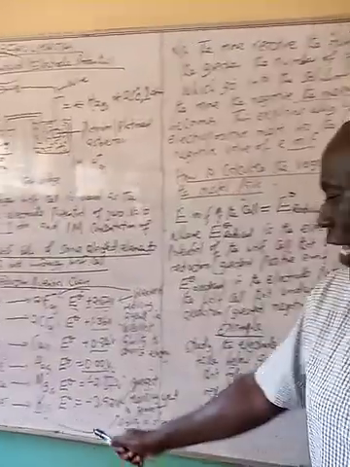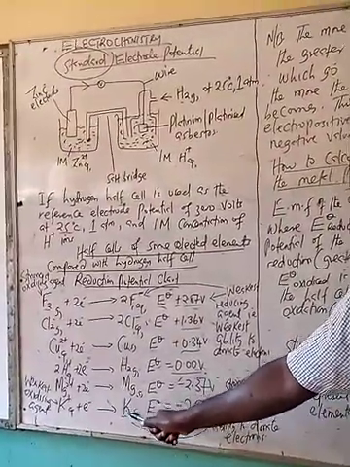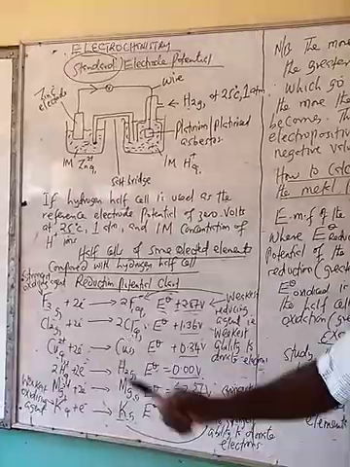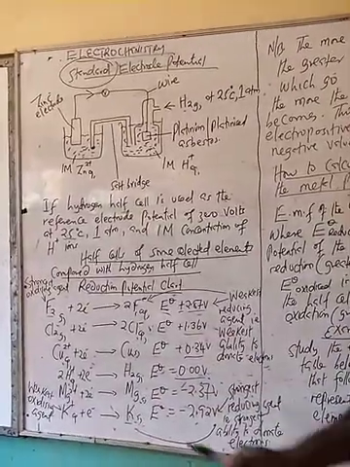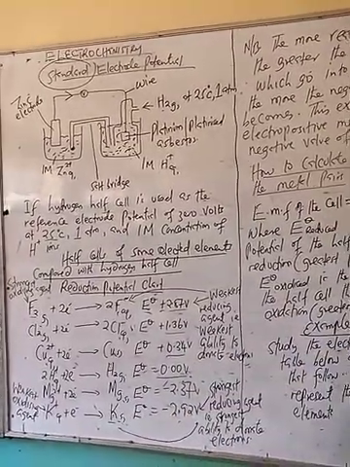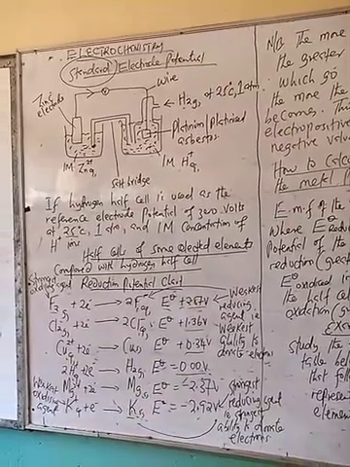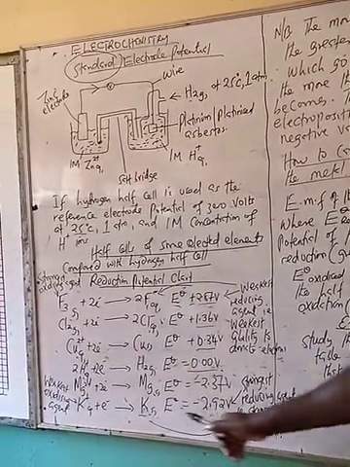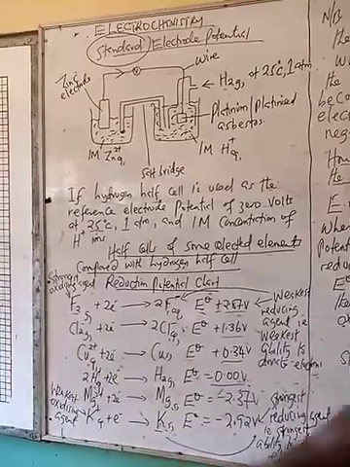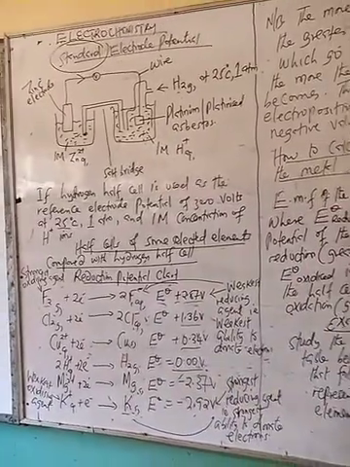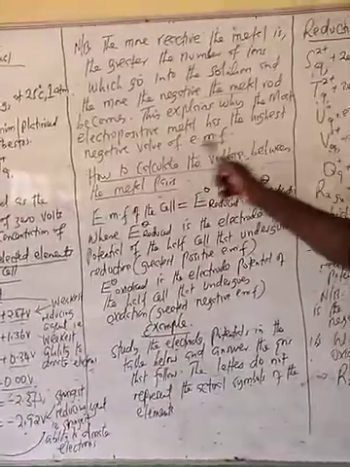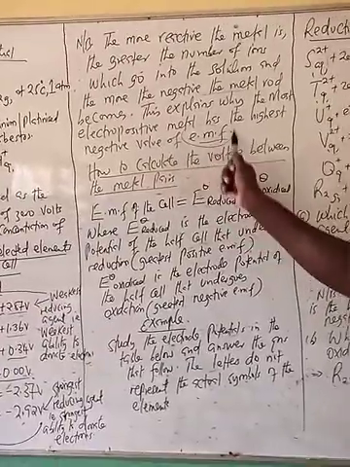Because potassium will ionize very fast, and the electrons will accumulate on the potassium electrode, which will make it have a negative value. So it has the highest negative value of EMF.